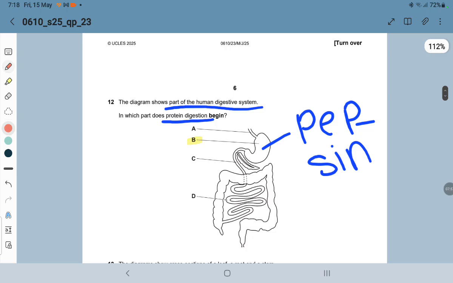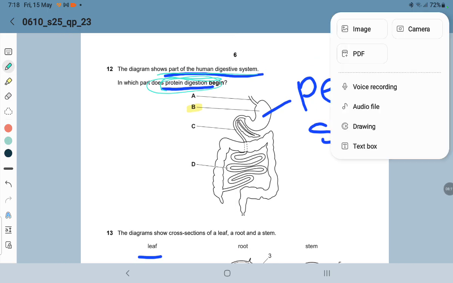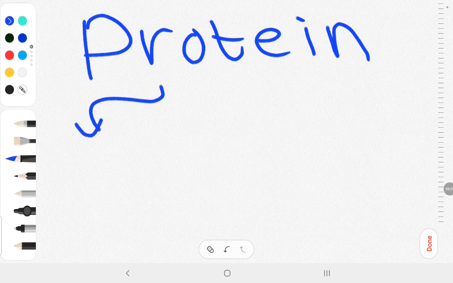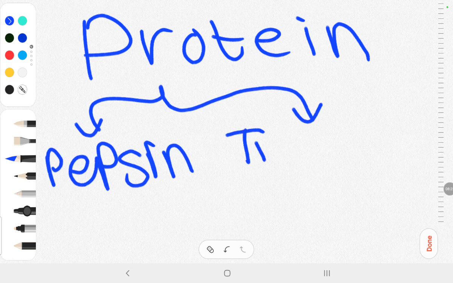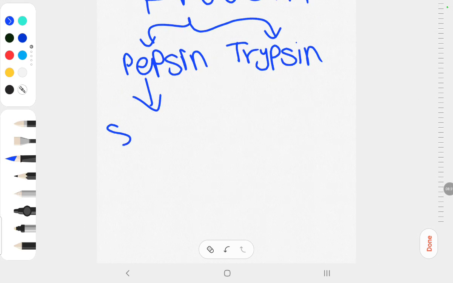Question number 12 is telling you the diagram shows part of the human digestive system. In which part does protein digestion begin? Protein is broken down by two enzymes, pepsin and trypsin. Pepsin works in the stomach, trypsin works in the duodenum.